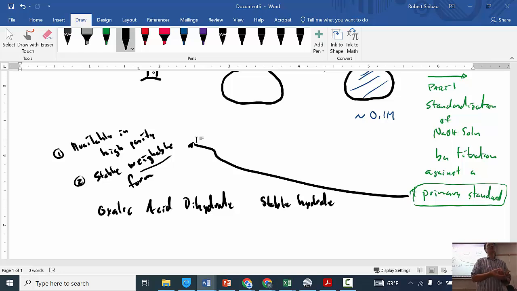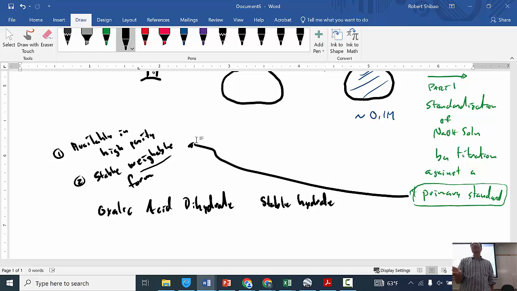Now, the anhydrous form of oxalic acid is not stable. Let's say we cook this stuff at about 100 plus degrees C. If we warm it up, it's going to drive off the water, and we have dry anhydrous oxalic acid. But we live in a humid environment. If the relative humidity here were 0%, then the anhydrous form would be the stable form.